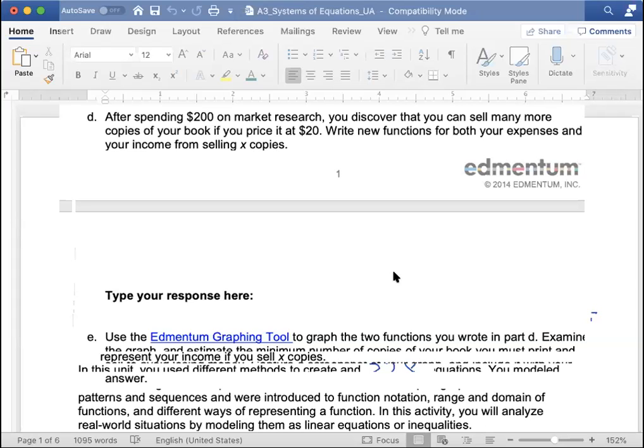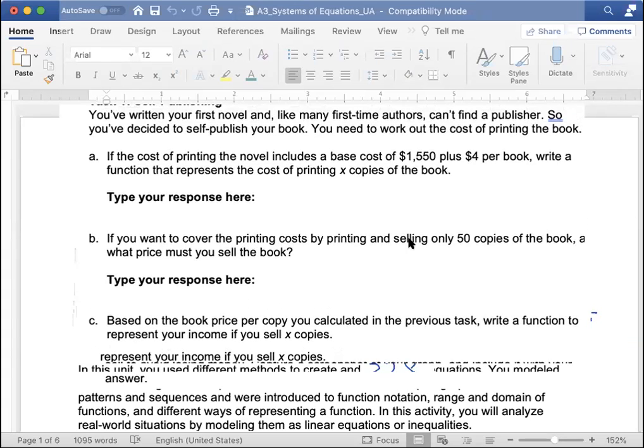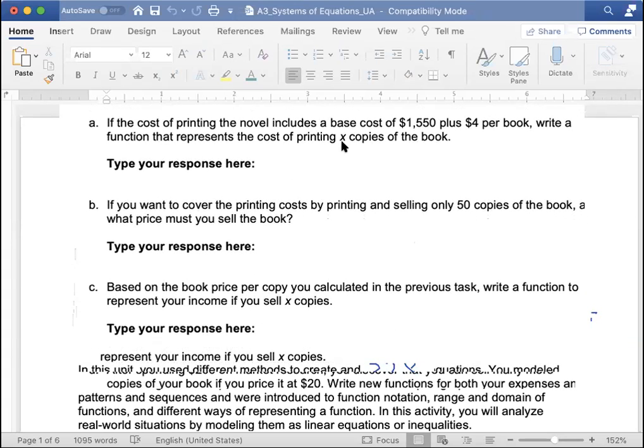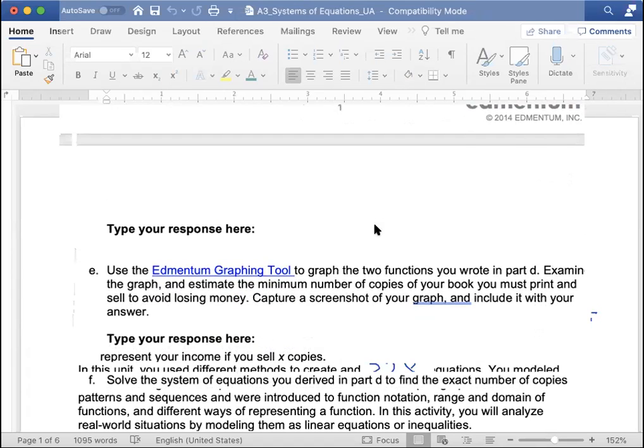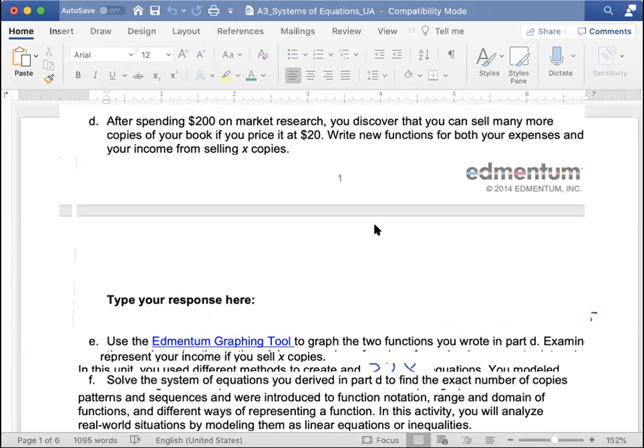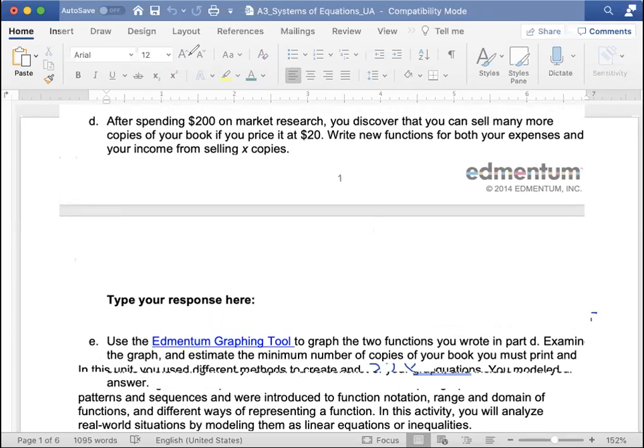So if you remember up here, the cost of printing the book is 4x plus 15.50. So that's not going to change. But you spent 200 on market research, so you'll have to calculate that in as well.